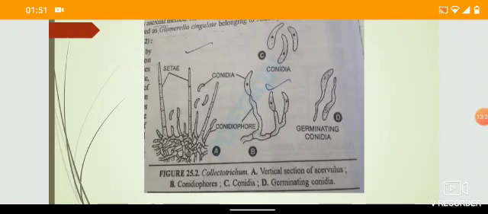And in this way, hyphae are developed, and this leads to formation of mycelium. So in this way, the conidium gives rise to new mycelium. So this is a very common method of reproduction in case of Colletotrichum.